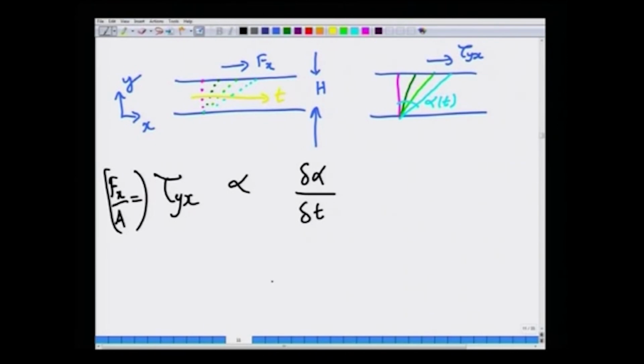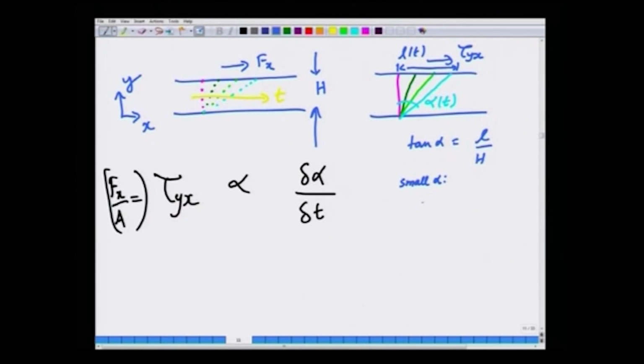Now, from geometry we can find that this angle, suppose I call this distance L of t. Now, tan alpha is L over h, but for small alpha, in the limit of infinitesimally small, if you look at a given instant of time, the deformation will be small.